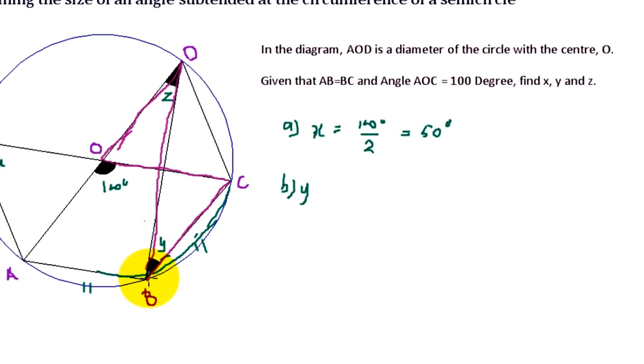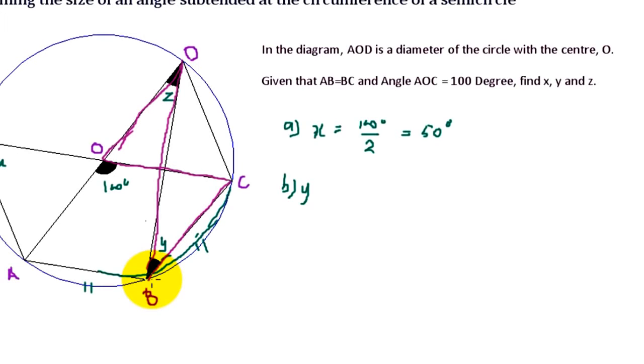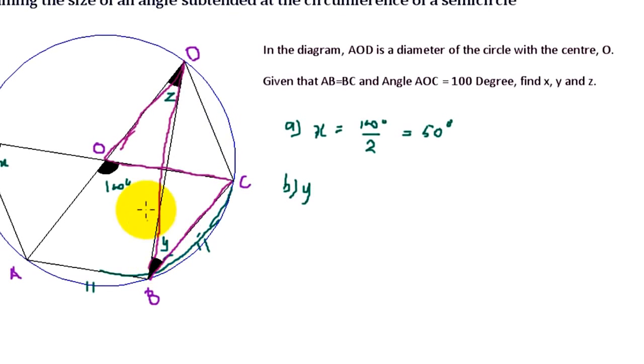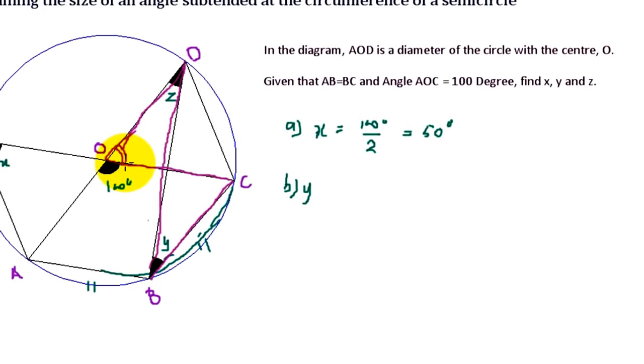Y is subtended by the same arc but situated at the circumference, while DOC is subtended by the same arc of Y and situated at the center of the circle.